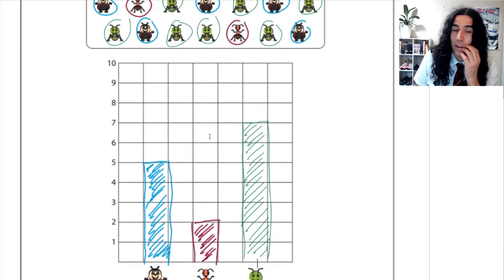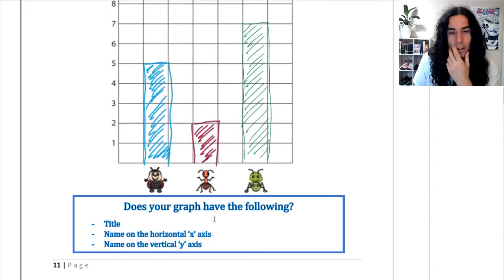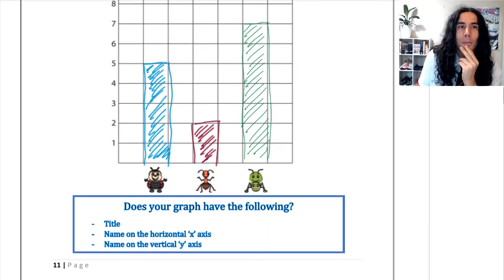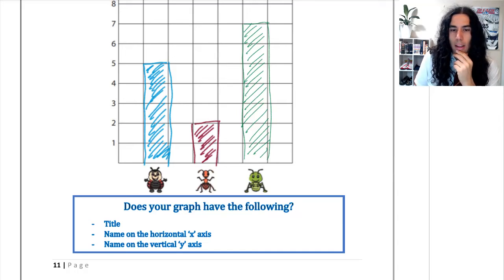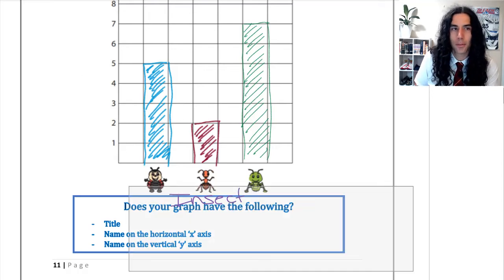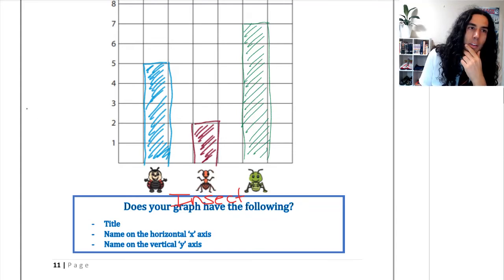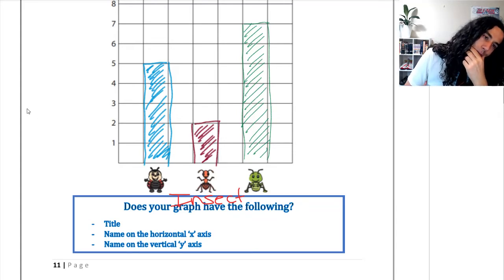But what have I done? Oh no, I've just drawn the graph, but it doesn't have a title, it doesn't have a name on the bottom. So we should say insect. It should go underneath those, so it should be like there. Insect. Can't see that. Let's go red. And then on the side, the number.